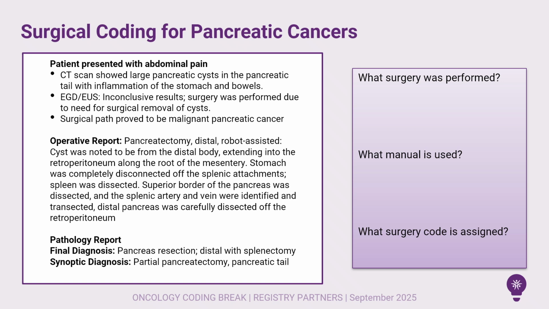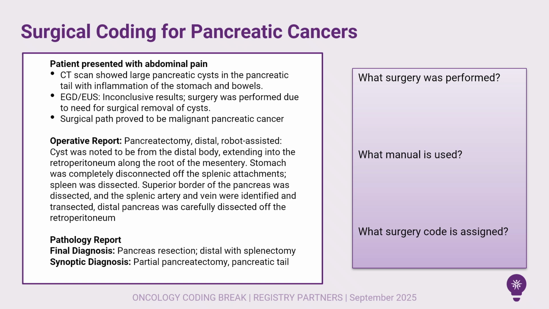Superior border of the pancreas was dissected, and the splenic artery and vein were identified and transected. Distal pancreas was carefully dissected off the retroperitoneum. The pathology report final diagnosis stated pancreas resection, distal with splenectomy, and the synoptic diagnosis stated partial pancreatectomy, pancreatic tail.